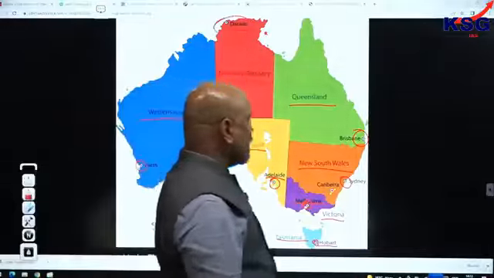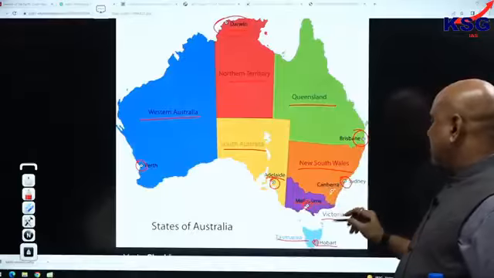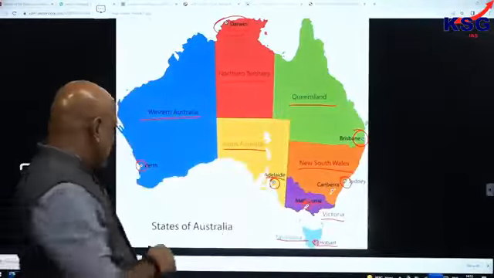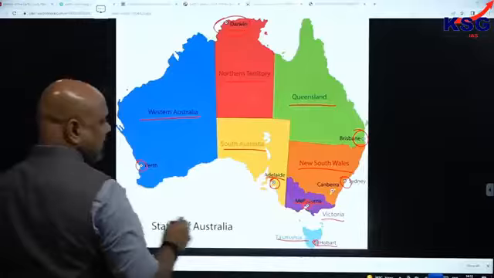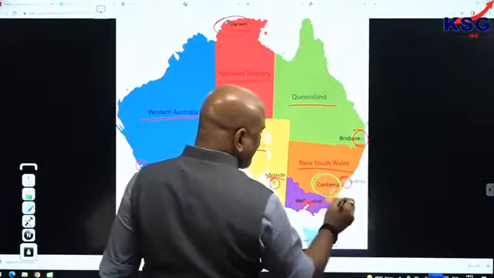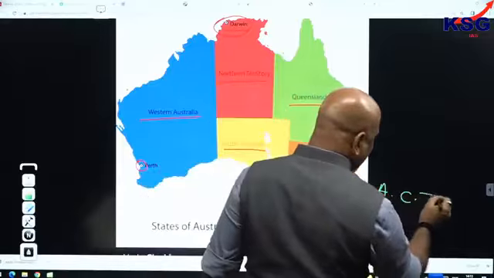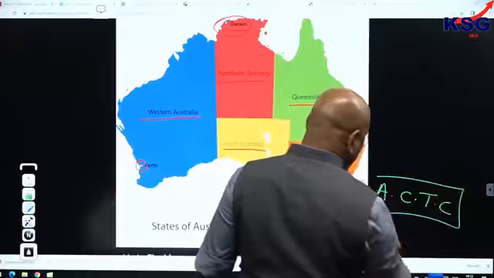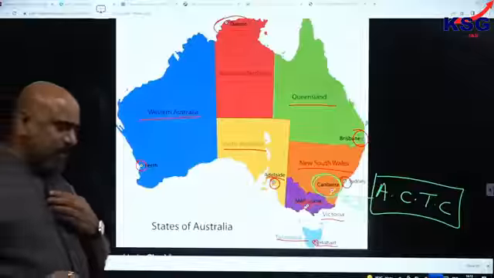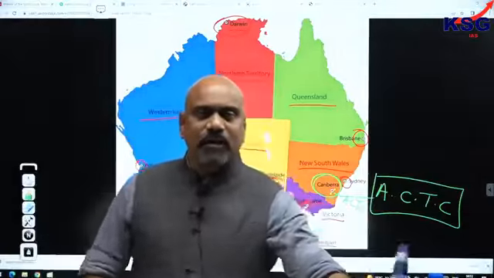These are the state capitals, but Canberra is the capital of Australia. ACT, that's why I say Australian Capital Territory, Canberra, is here.